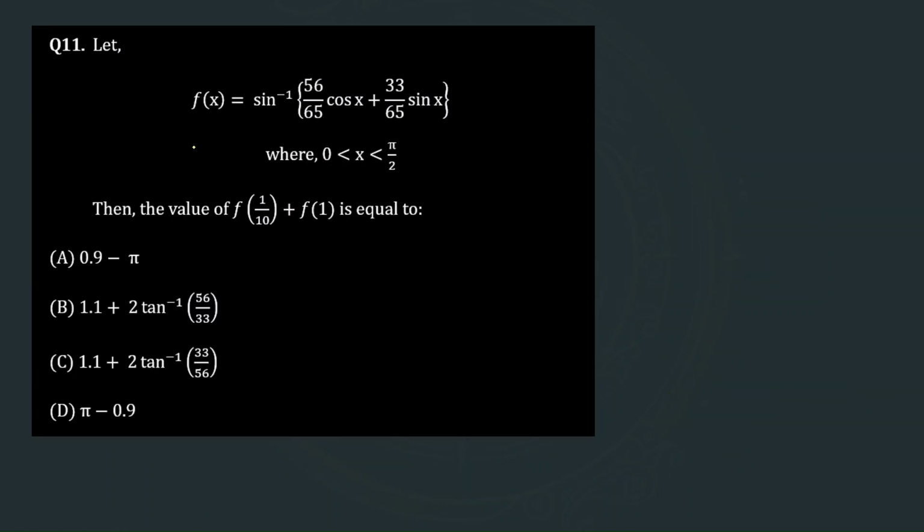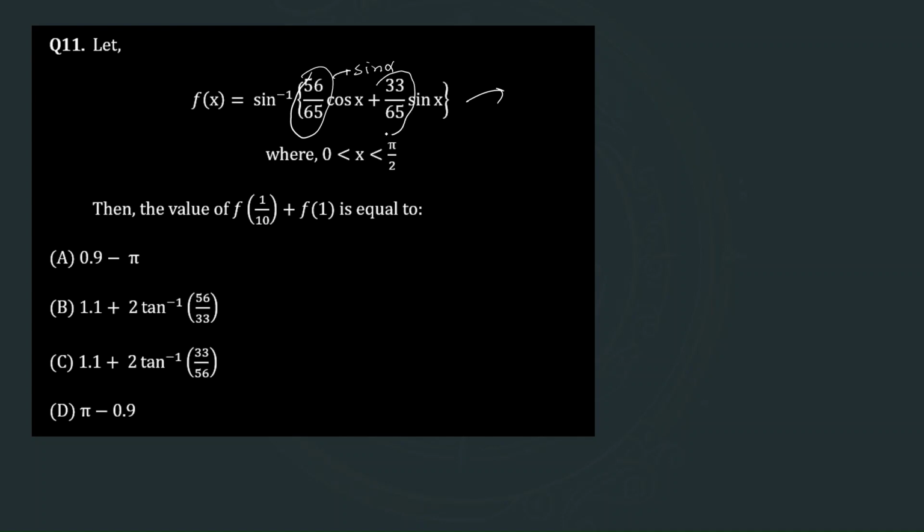The next question says that let f(x) be this, where x lies between 0 and pi by 2. Then the value of f of 1 by 10 plus f of 1 is what? So let us first decode this f(x). So it is something of the form sine inverse of a cos x plus b sin x. So let us put this equal to sine alpha.